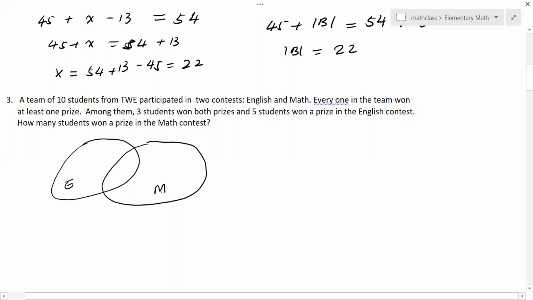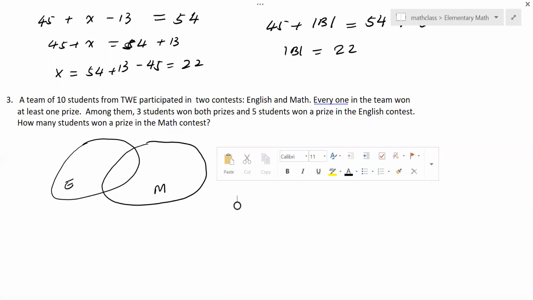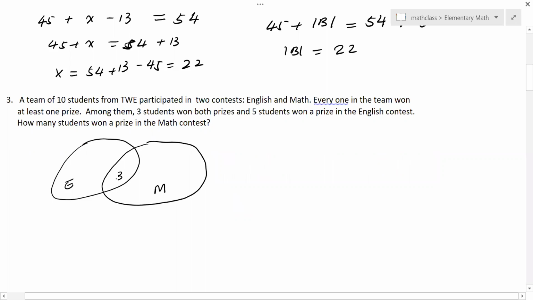So the idea is, forget the formula. The idea is how to calculate the total number of students who participate in the contests. We know that 3 students won both prizes, so in the middle, that's the 3 students.